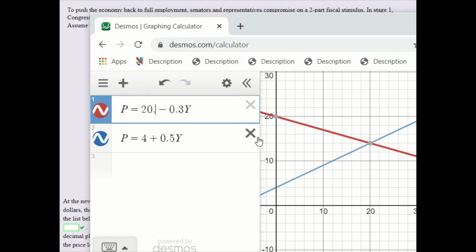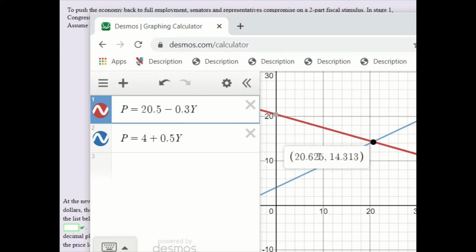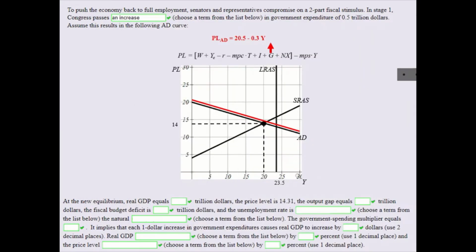Now it's 20.5 minus 0.3y, and it moves the aggregate demand curve out a little bit, and the equilibrium is now 20.625. We could use algebra too, right? And we get 20.625.